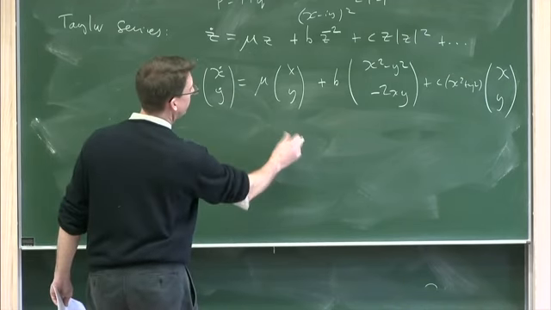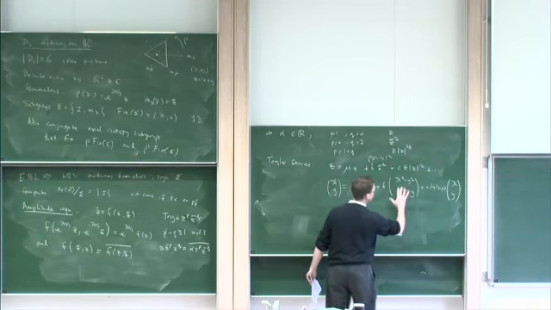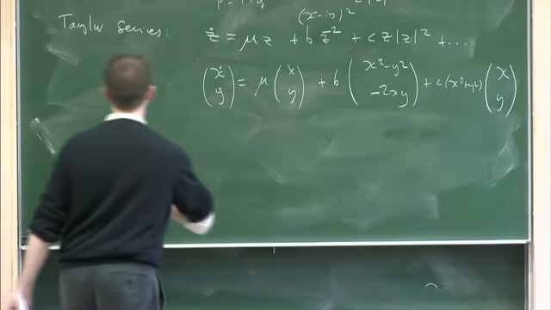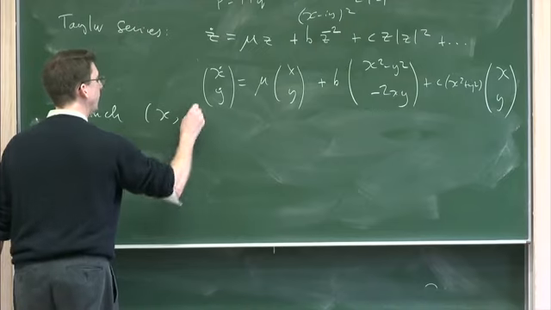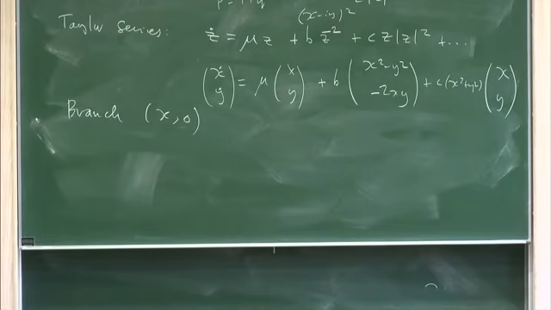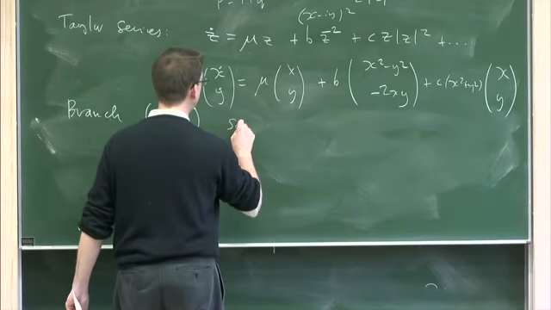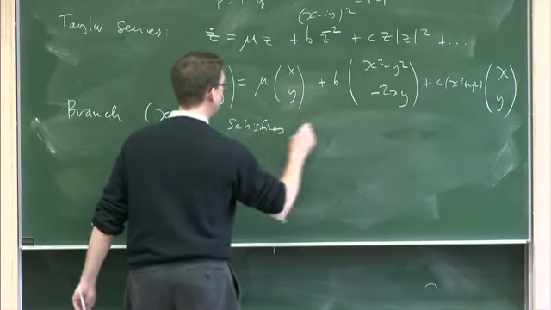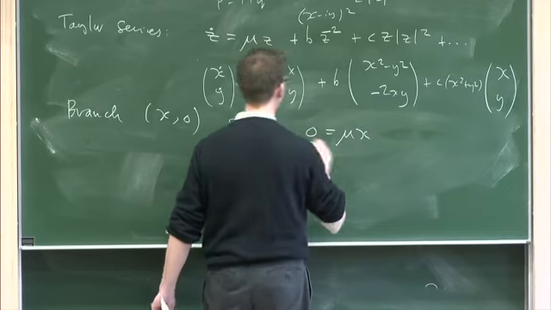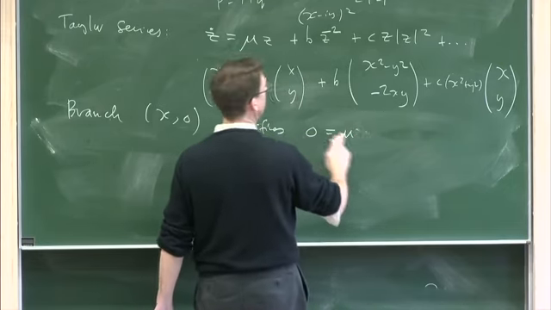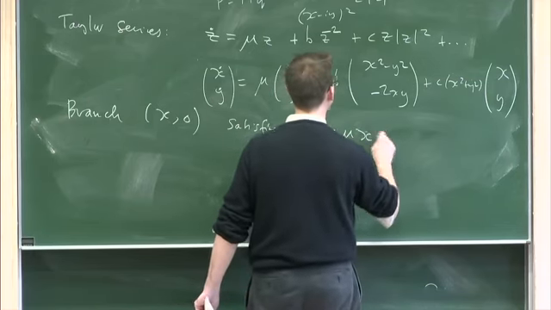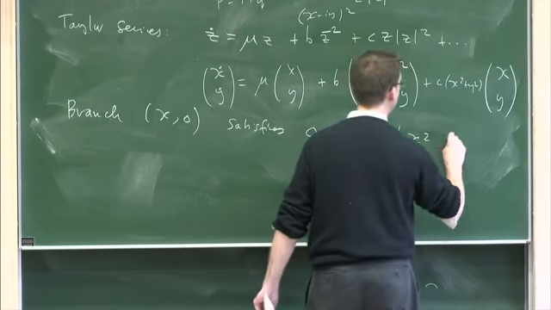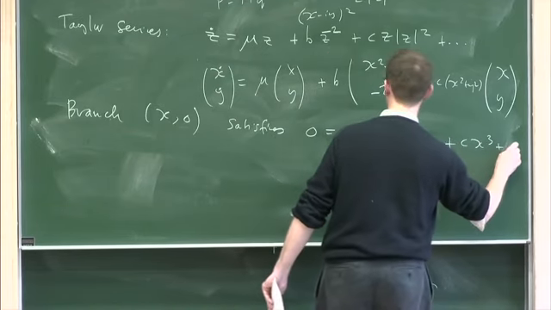If b is non-zero, then I'd expect these terms to dominate these ones near the bifurcation point. So if I look at a branch that I know should exist on symmetry grounds, the branch x0 satisfies some bifurcation equation: mu x plus b x squared plus c x cubed and so on.